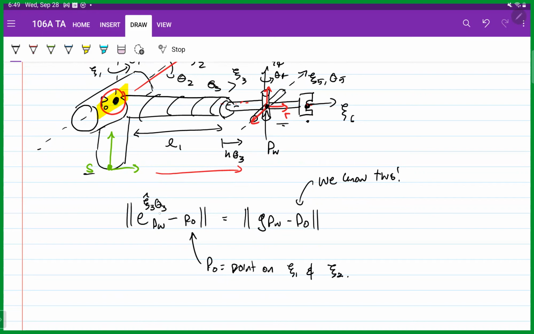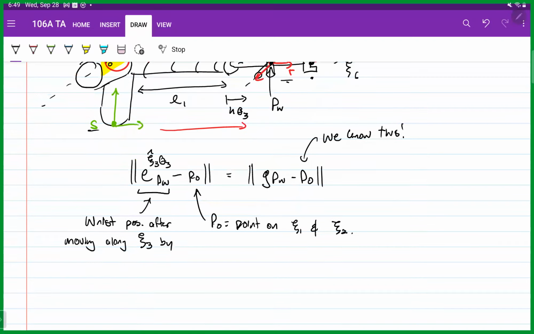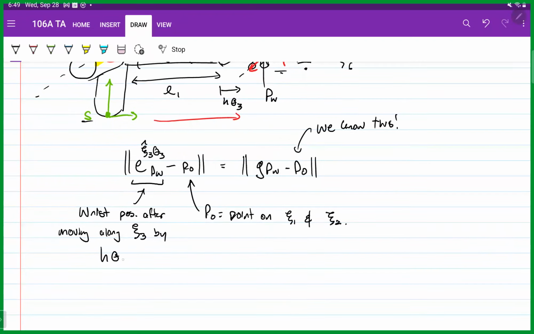And what e to the xi3 theta 3 is, it's the position of the wrist after we rotate it and translate it by this amount, h times theta 3. So it is the wrist position after moving along xi3 by the pitch of the screw, h times theta 3.